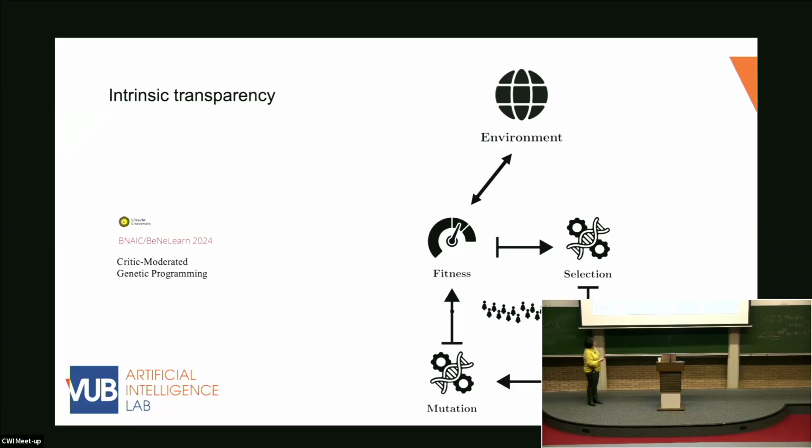So you have your population, you do selection, crossover, mutation, and then you have to see how fit your individuals are. If those are control strategies, you can evaluate them by applying them in your environment, be it the real environment or a simulated environment. But genetic programming is also known to not be very efficient.